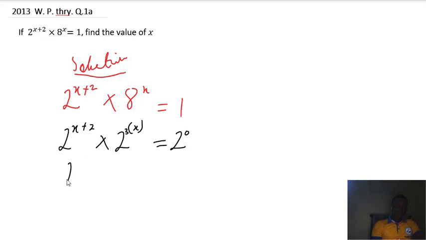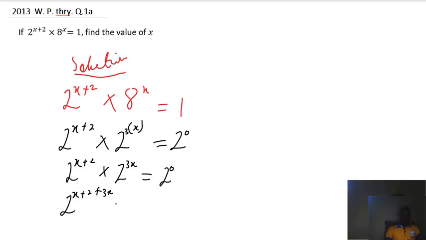So we have here 2 exponent x plus 2. Let's write the 2 exponent 3x here. We have 2 exponent 3x and equal to 2 exponent 0. So we have 2 exponent x plus 2 plus 3x, and it's equal to 2 exponent 0.